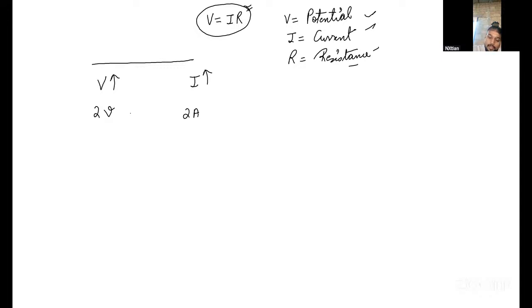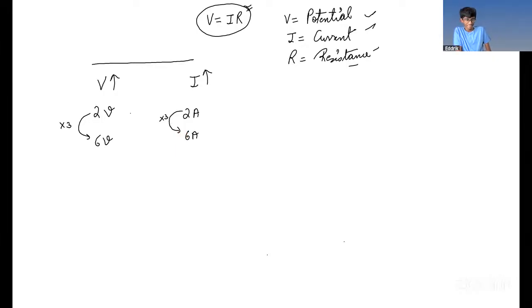Now, if I triple the voltage, means if I use a 6-volt battery, then this current will also be multiplied by 3, means 6 ampere current will automatically come. So George Simon Ohm used this conductor and found that when he triples the voltage, the current also triples. Means the current also increases in the same ratio. Did you understand? Yes or no?